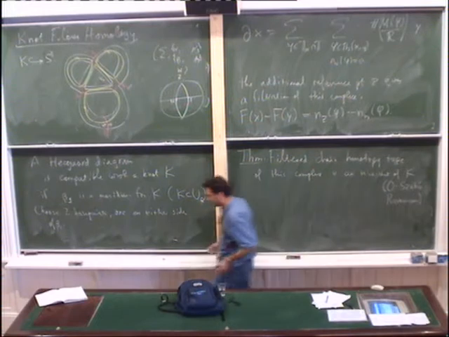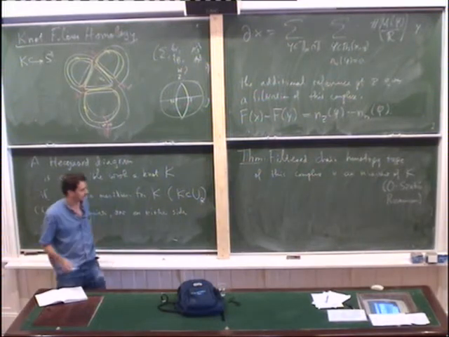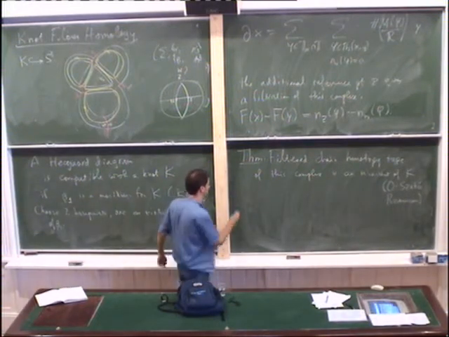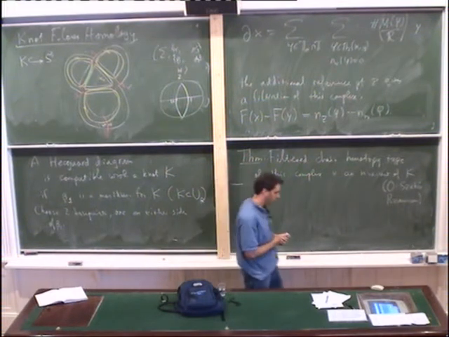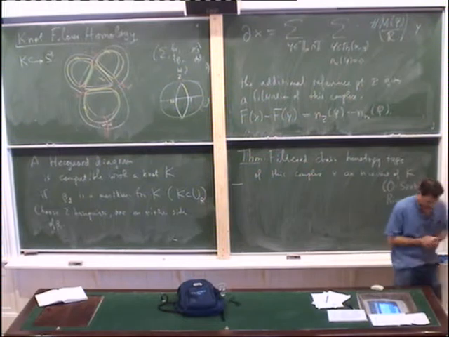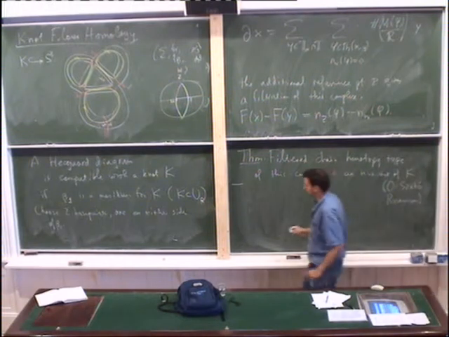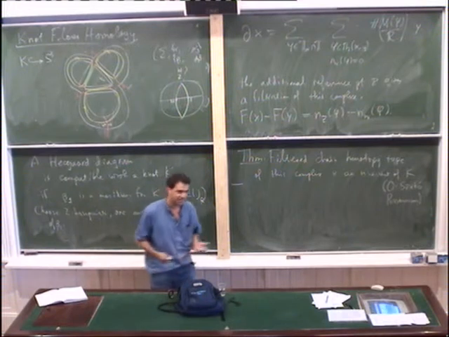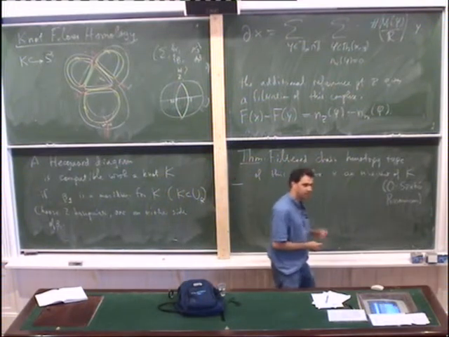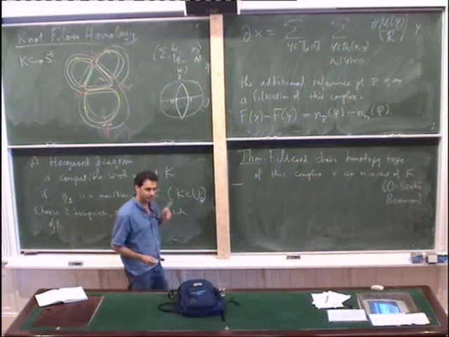And I'm going to list properties of this knot Floer homology, some of which have also been independently discovered by Jake. So a filtered chain homotopy type of a chain complex is not necessarily an easy object to study, but you can look at the homology of the associated graded object.